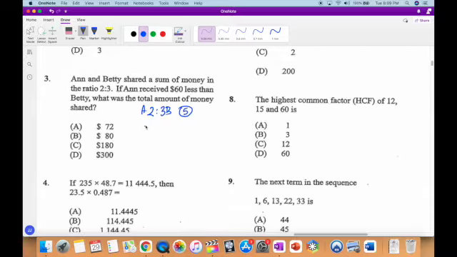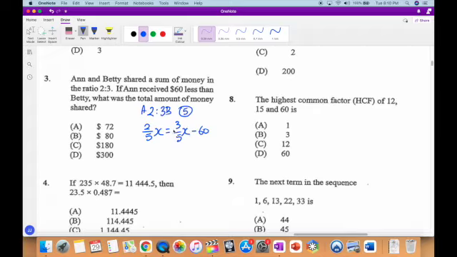So Anne received 2/5 of the money, right? Because they shared a sum of money. Anne received 2/5 of the money, and that is actually equal to Betty, who received 3/5 of the money, minus $60, right? Because Anne received $60 less than Betty.